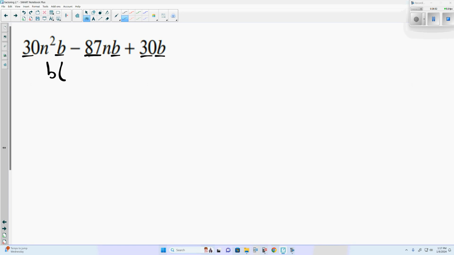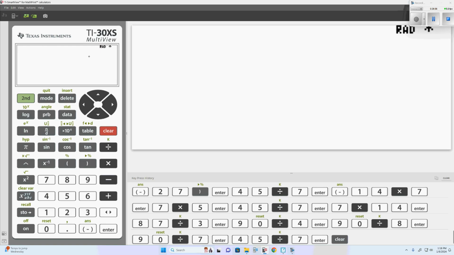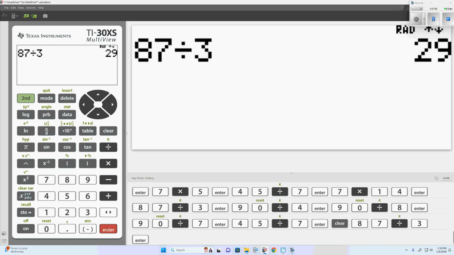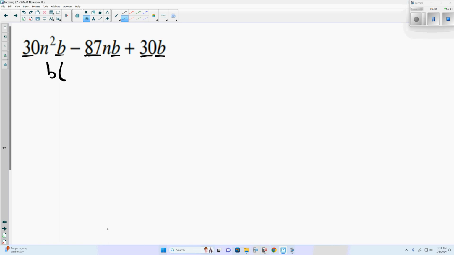But 87, well, no, probably doesn't. 3, 6, 9. Oh, it does. 8 plus 7 is 15. If the sum of the digits is divisible by 3, then so is the number itself. So the greatest common factor for this here is 3b.